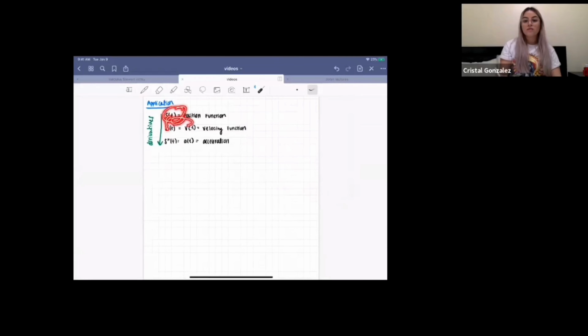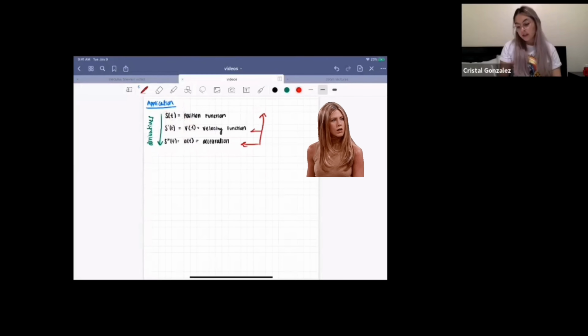We take the derivative of velocity, we get acceleration. But now, what if they give you acceleration? How do you get up here? You do it by taking antiderivatives. So if we go backwards from the bottom up, starting from here, or from here, it doesn't matter. If you just move upwards and take antiderivatives, you'll be able to get other functions as well.